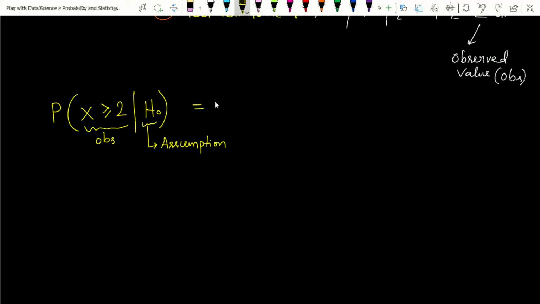If this value is very small, suppose let's take its value as 1%, then what does that mean?